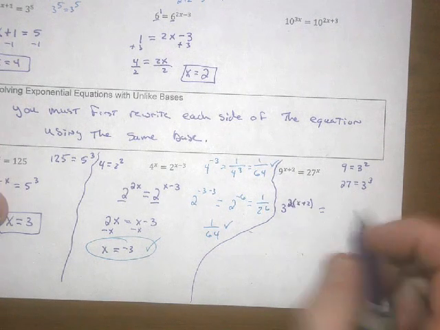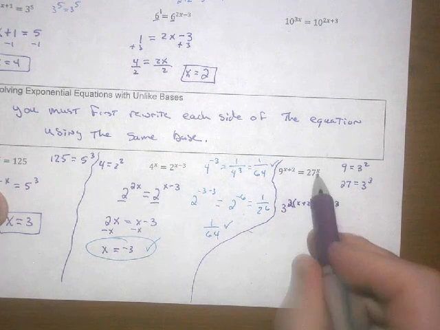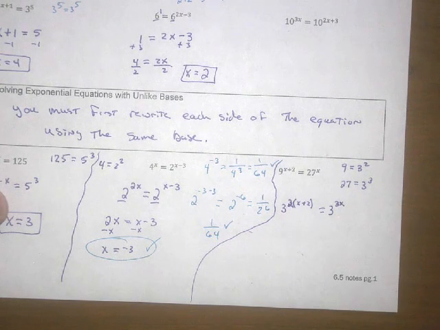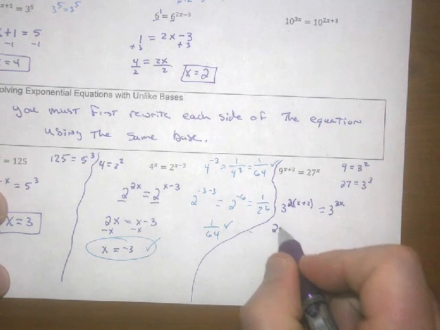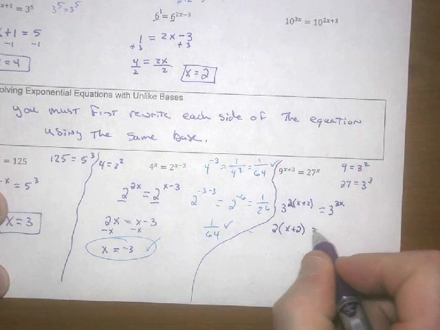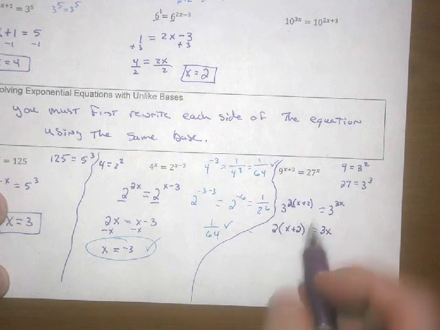So 9 is 3 to the second, and then the parentheses, x plus 2. And then our 27 here is going to be 3 to the third, and then times that x. Our bases are now the same, so our equation becomes 2 times x plus 2 in parentheses.